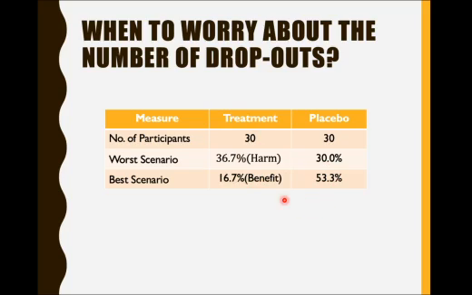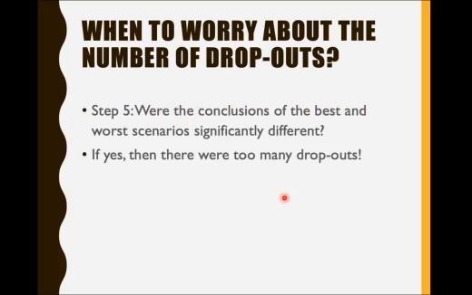Now, the next step, step 5, is looking into whether conclusions for the best and the worst scenarios are different. If they are different, then there were too many dropouts.